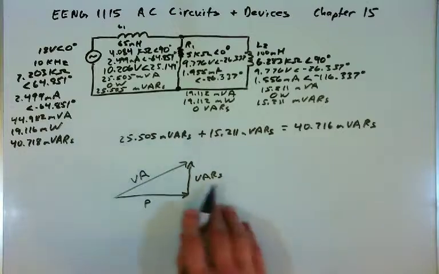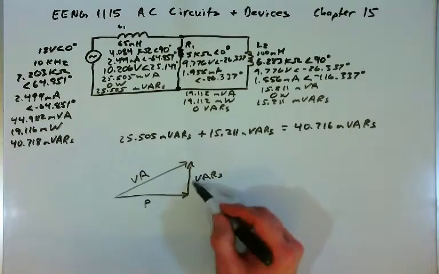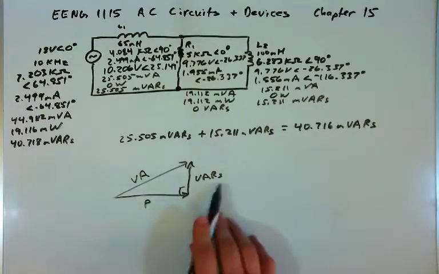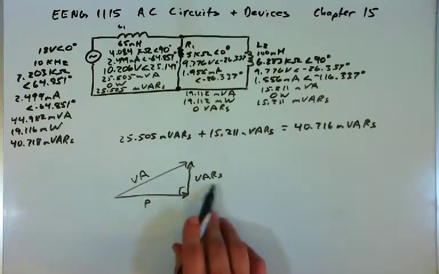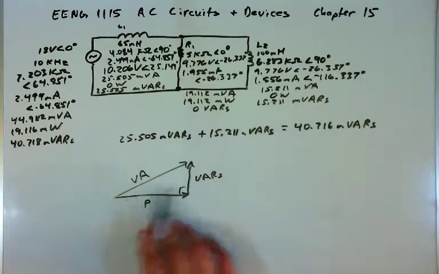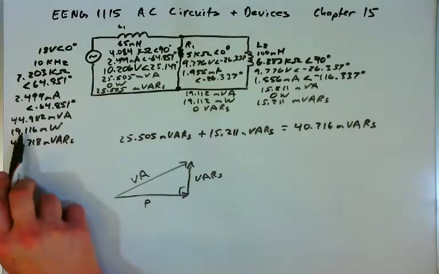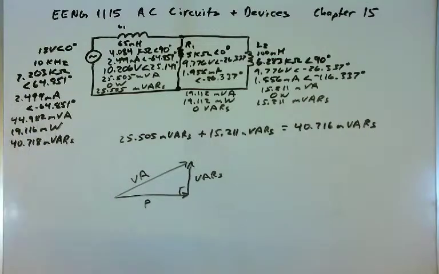Volt amps reactive is the Y component, and so the volt amps is the vector sum of the power and the VARs, the power being at 0 degrees, the VARs being at 90. And so I don't need to check this because we already know that these watts and these VARs will add together to give us those volt amps. And so that concludes this circuit.